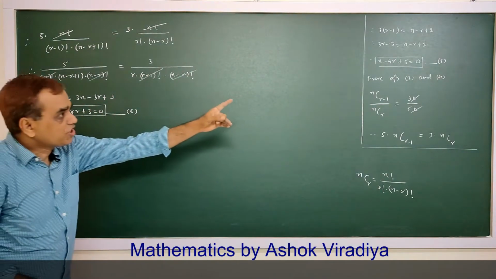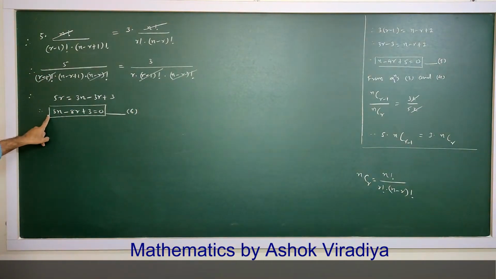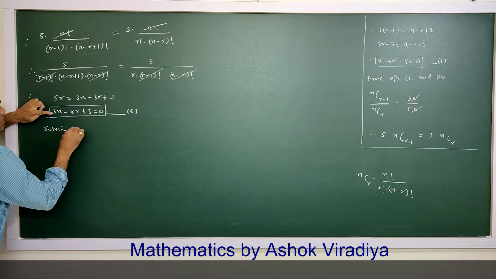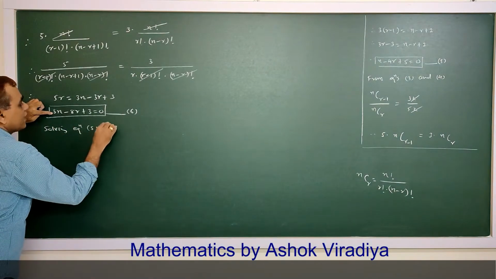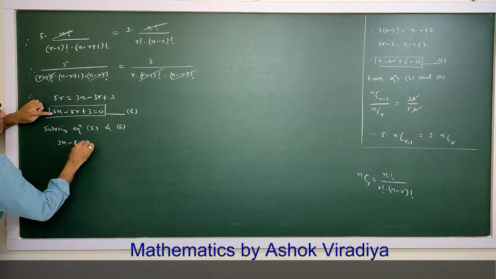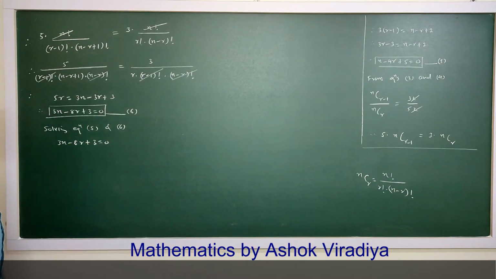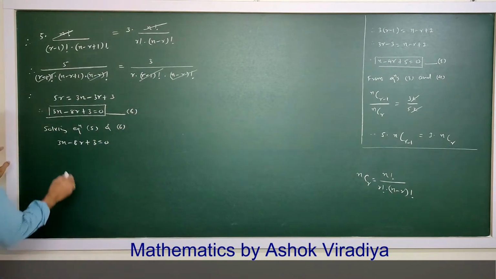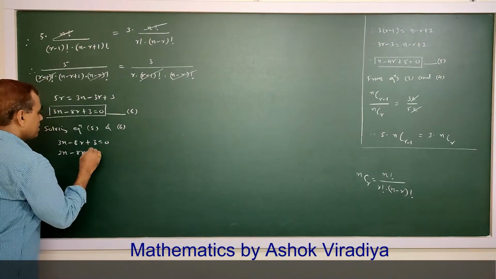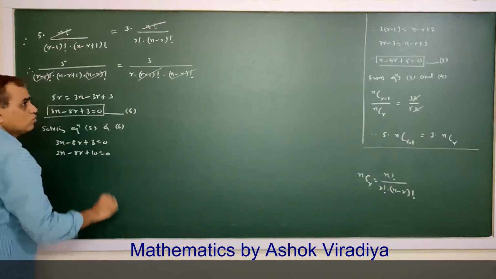Now we solve equations 5 and 6. For that, solving equations 5 and 6, this equation I keep as it is. The fifth equation I multiply by 2. So 2n minus 8r plus 10 equals 0.